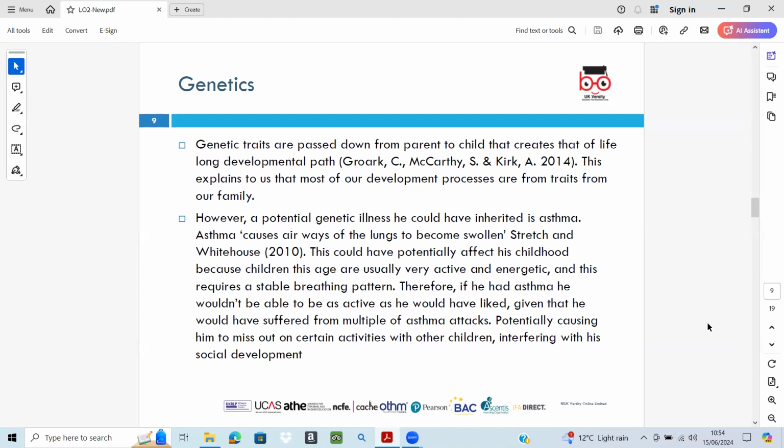Okay. So here, if we talk about the impact on development, in childhood, children are typically active and energetic, so asthma can present challenges. The instability in breathing patterns caused by asthma could limit physical activity and affect the individual's engagement in social interactions.